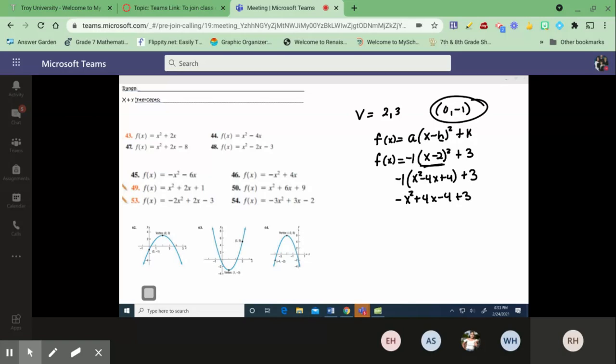Sorry, negative x squared plus 4x minus 1. And does that hold out with my graph having a y-intercept of negative 1 here? So there is your quadratic equation. Given a vertex and one point, you can get back to the equation that creates this.